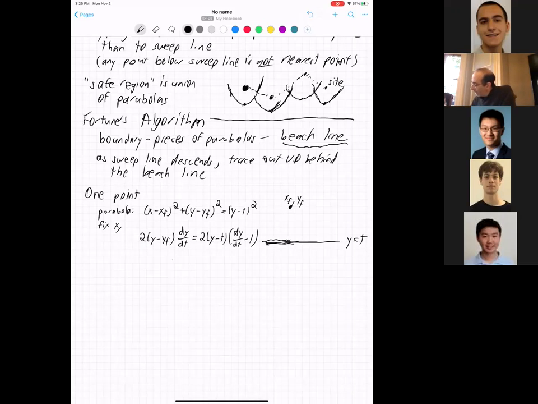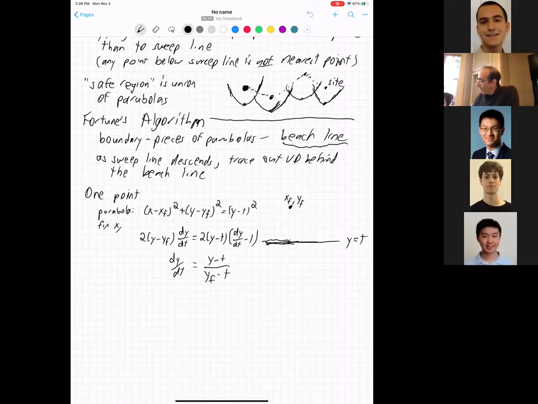If I rearrange that, I find out that dy dt is equal to (y minus t) divided by (yf minus t). So this is the rate at which different points on the parabola descend as the sweep line descends. Make sense?